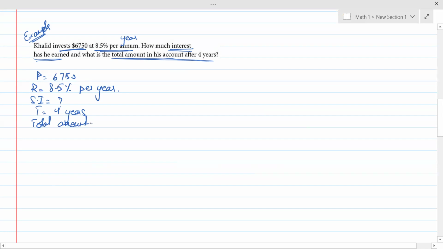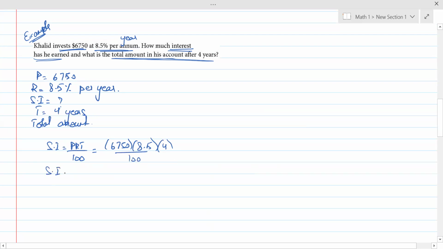So first, let's calculate the simple interest here. Simple interest is PRT upon 100. P, the principal, is 6750. R, the rate, is 8.5. T, the time, is 4, upon 100.